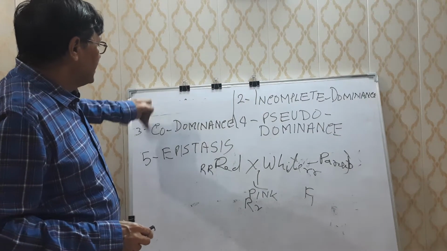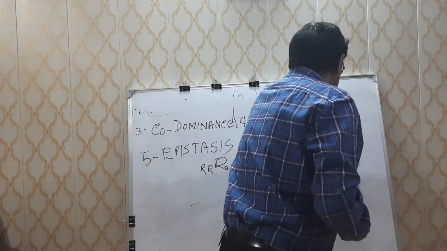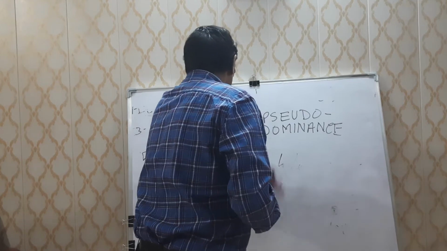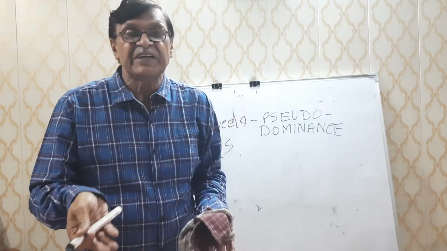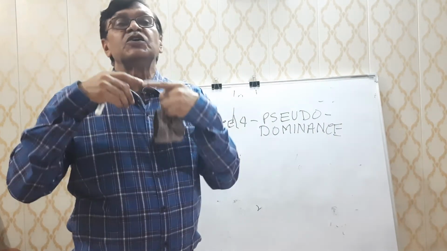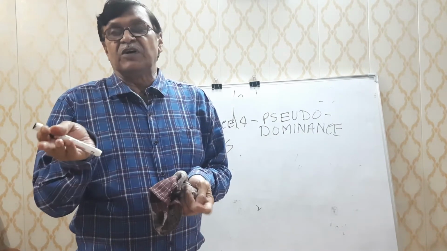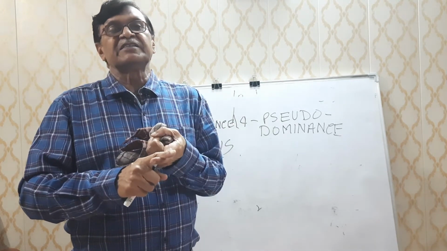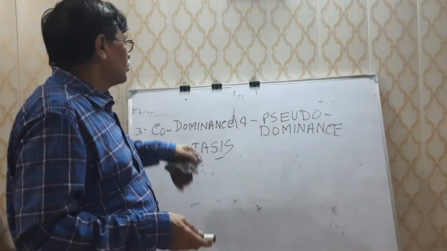Now about codominance. In codominance what happens? Here factors for both characters don't show the intermediate phenotype. Both factors show their effect and nobody is dominant over the other. So when both factors show their effect, it is called codominance.